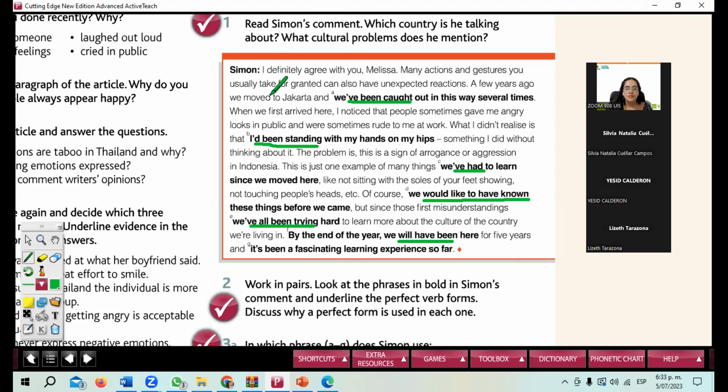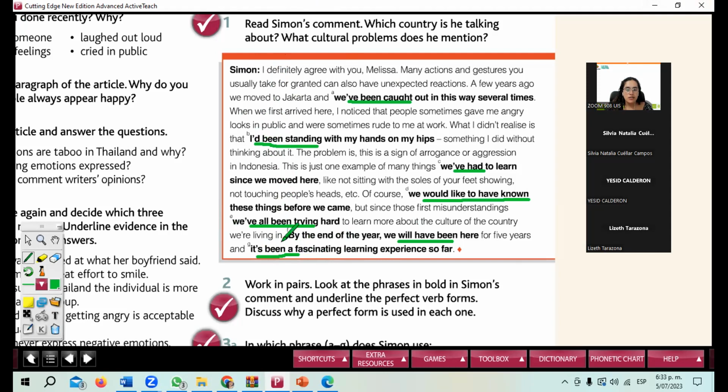Is it present perfect continuous? What are the words that belong to it? Has been fascinating. Yes, it has been, right? This is not continuous, this is the present perfect simple. It has been a fascinating experience.